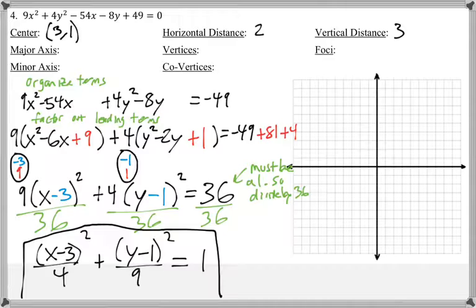So if I graph this, my center's here at 3, 1, and then my horizontal distance is 2. So I need to go 2 to the right, 2 to the left. My vertical distance is 3, so I need to go up 3 and down 3.